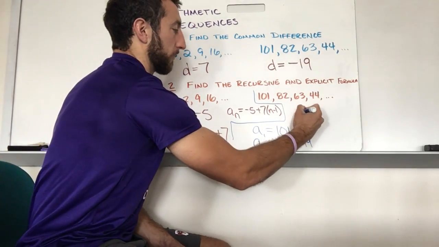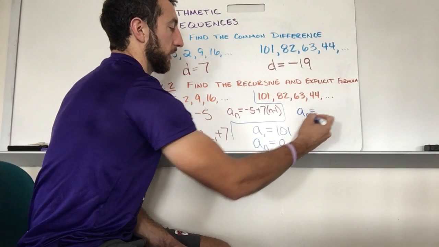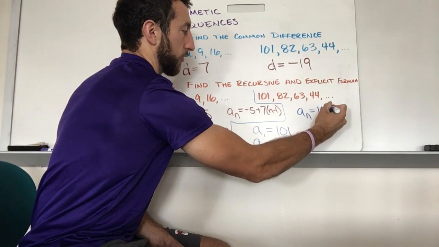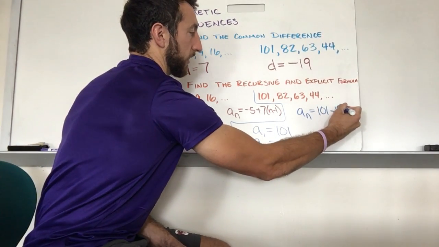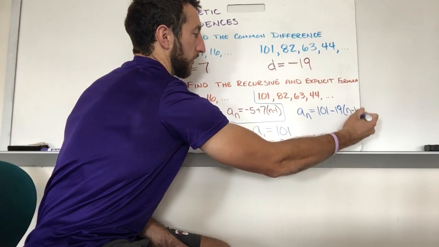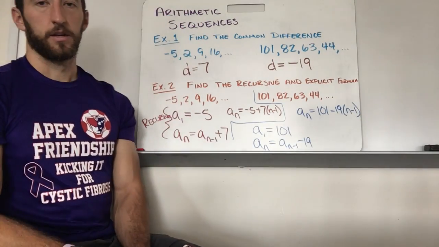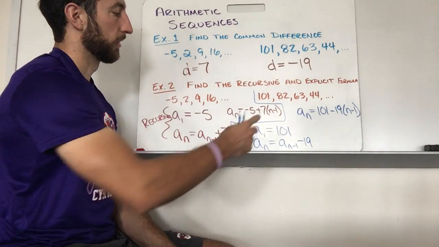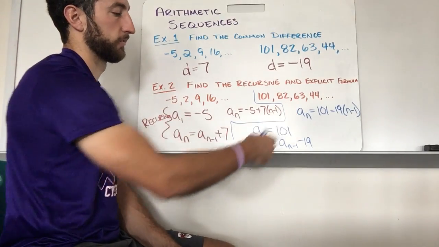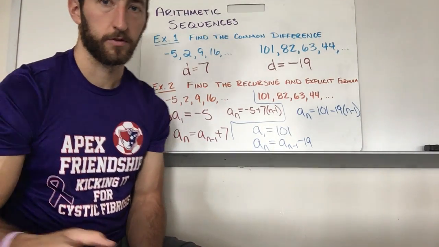For my explicit formula, a sub n, my first term is 101 minus 19 times n minus 1. That is our recursive formula and explicit formula, and that's how we apply those formulas.